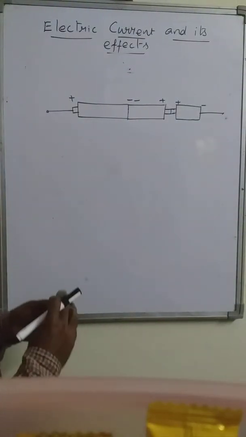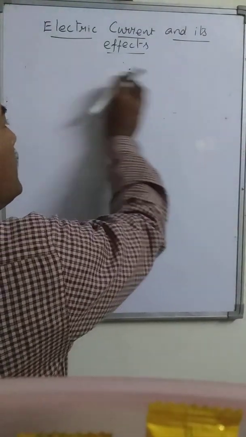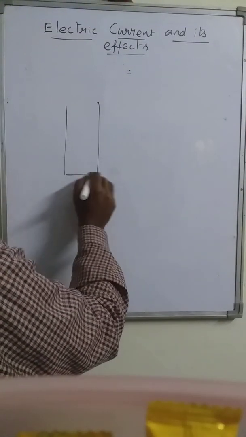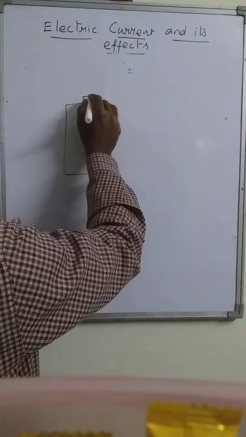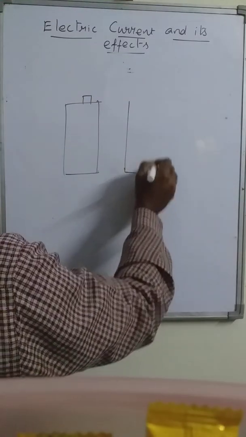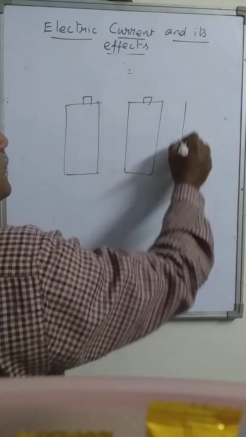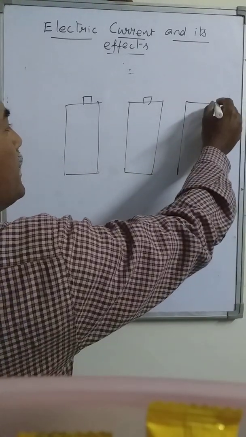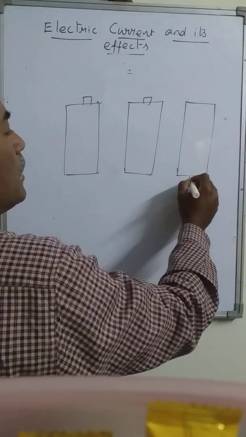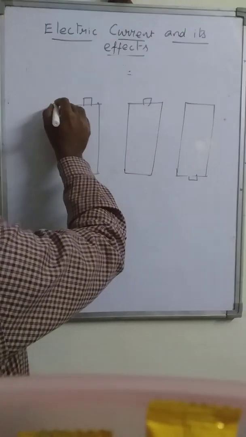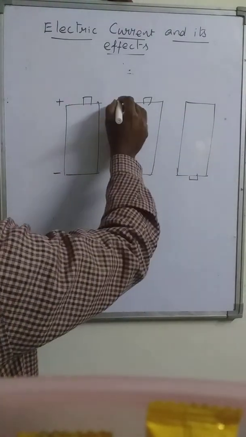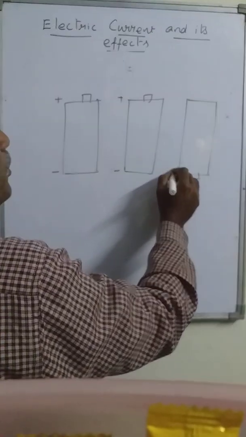Suppose I take 3 cells in this manner. This is one cell, second cell, right? And the third cell. You know that this is positive, negative, and positive, negative.